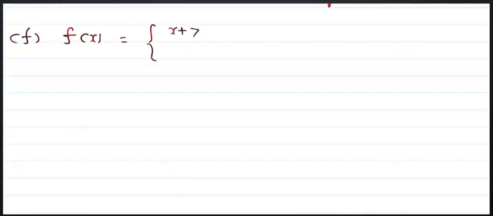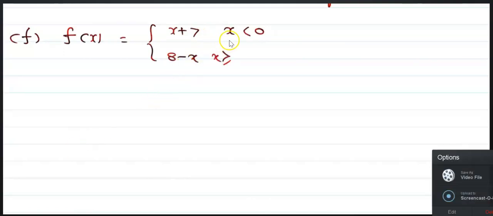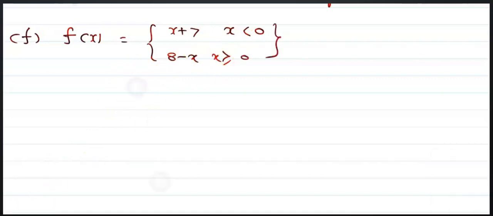Now, next, f of x is equal to x plus 7 when x is less than 0, and 8 minus x when x is greater than or equal to 0.